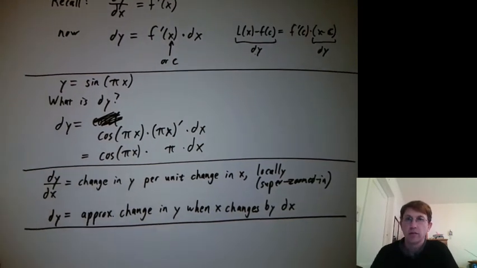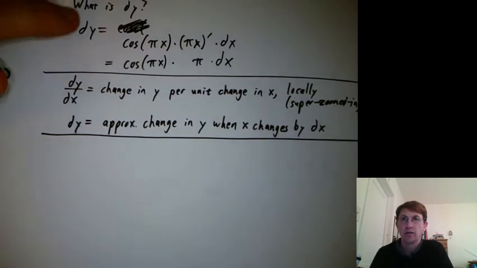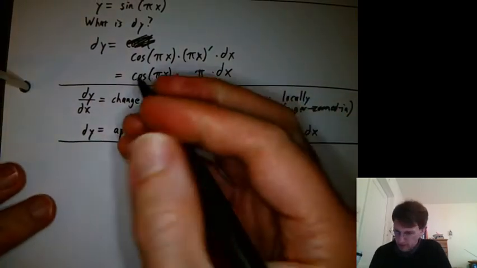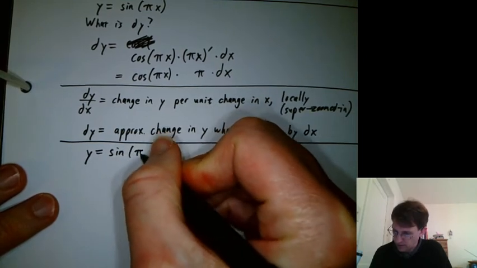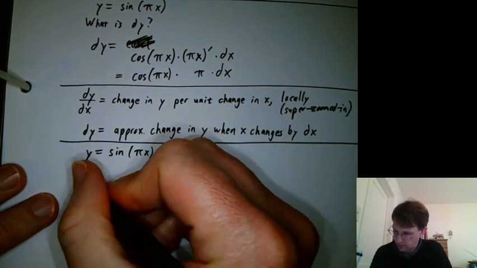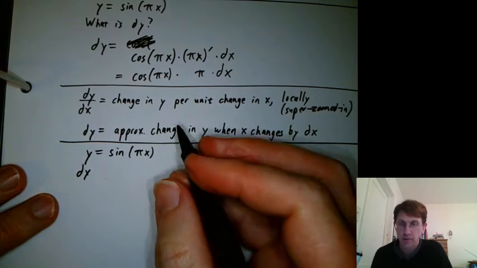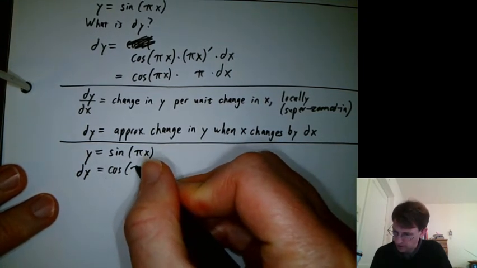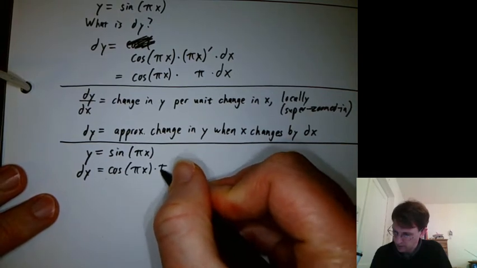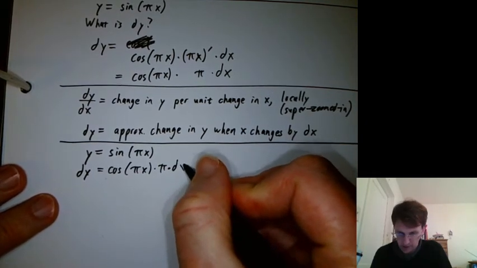So let's go try that on a numeric version of this one. So we said, let's use y equals sine pi x. So go ahead and write dy, try to do it from memory even though it's on the screen. So hopefully you got cosine pi x times pi for the chain rule times dx.